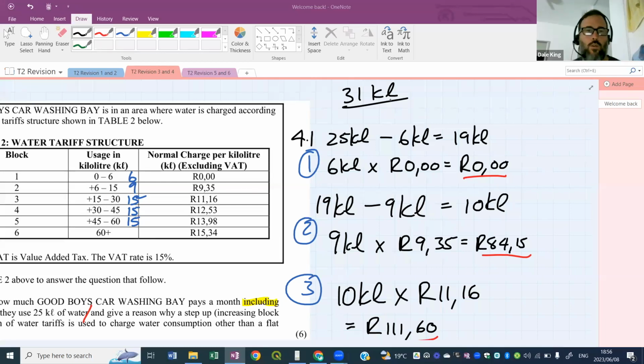All right, I'm going to give you one more minute, and then I'm going to go over it step by step. So those people who are still struggling, just listen carefully when I go over this with 31 kiloliters. All right, I'm going to start rubbing out my 25 kiloliter work.